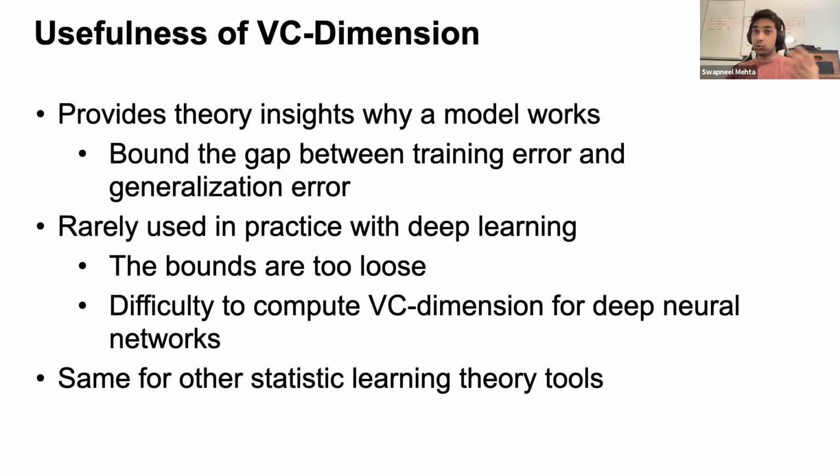The bounds are too loose for neural networks, which means that this VC dimension is not really telling me anything, in the sense that it's going to tell me I can't shatter a data set of 1,000,000 points, or something like that. Sure, but I really can't even shatter 100,000 points. So the 1,000,000 point upper bound is super loose, given that my model has a much lower capacity, or vice versa.